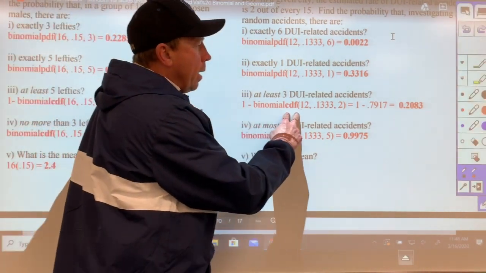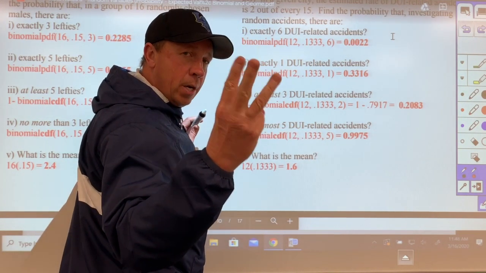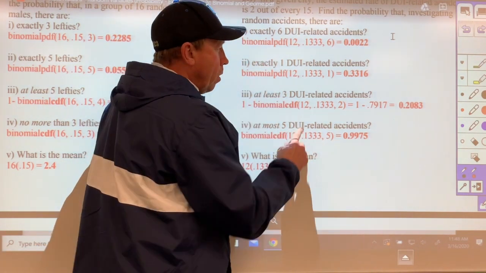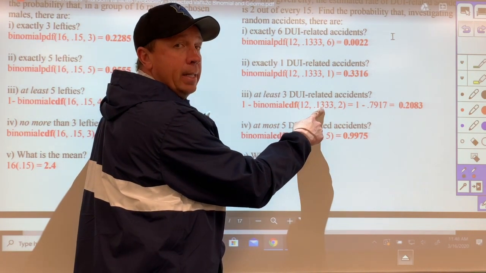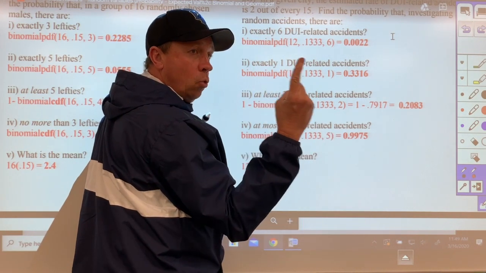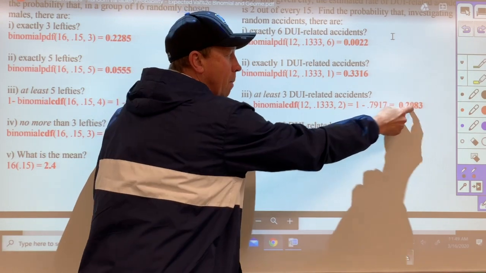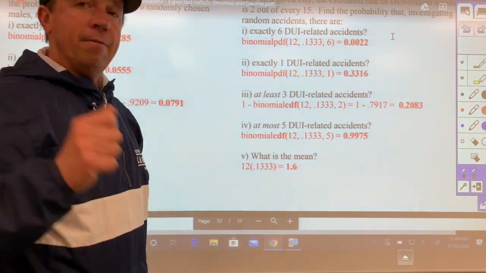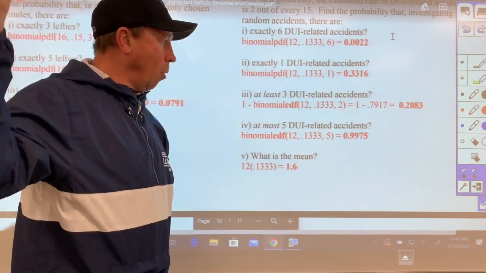So I'm going to accumulate the probability of getting 2 DUIs, 1 DUI, no DUI accidents. So I'm going to go 12, that's the sample size, times 2/15, comma 2. And that's going to add up 2, 1, or none if you use a CDF function. That's this number, you go 1 minus, you get the probability of at least 3, which is 3 or more.